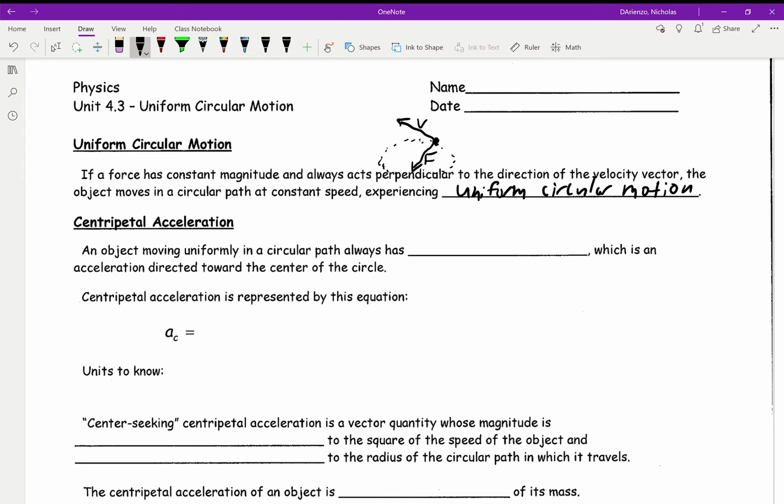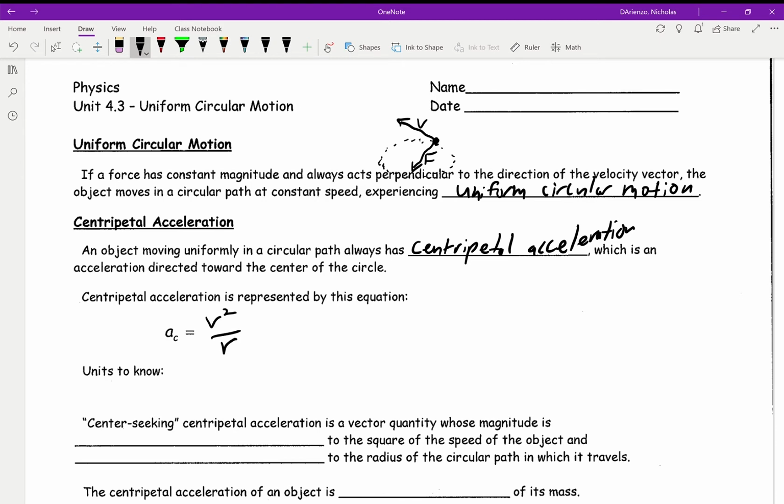Now, if it is moving uniformly, it's going to have what we call centripetal acceleration. And remember, acceleration is a vector quantity. So the centripetal acceleration is the acceleration of that object directed toward the center of the circle, the path that the object is following. That's represented by the equation a sub c equals v squared over r.